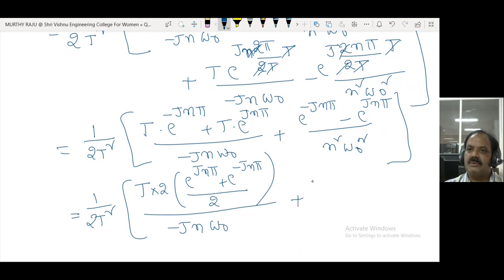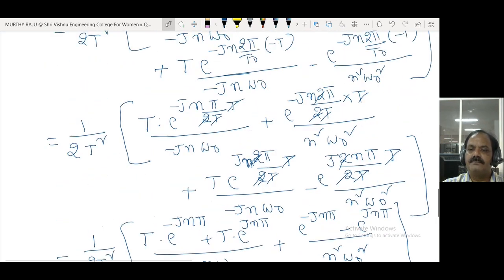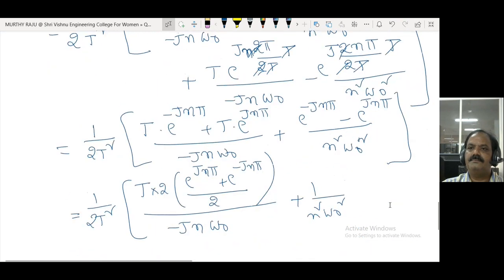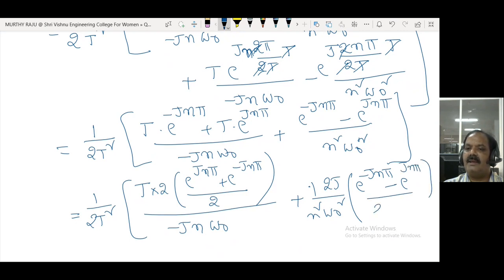here 1 by n square omega naught square. Here 2T cancels. Multiply by 2j here: e power minus j n pi minus e power j n pi by 2j.